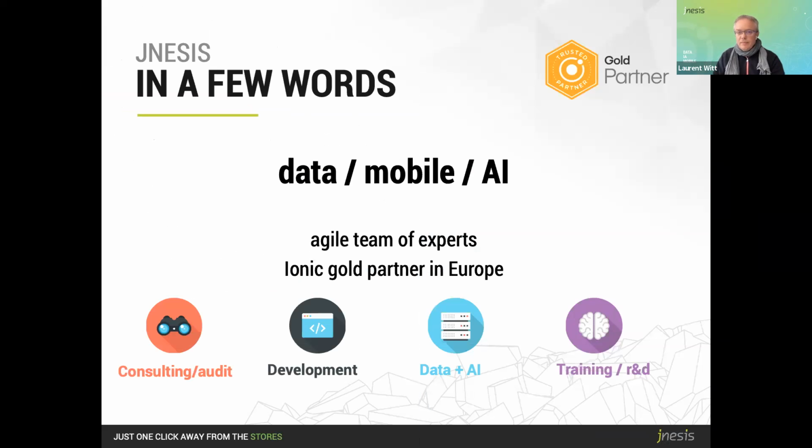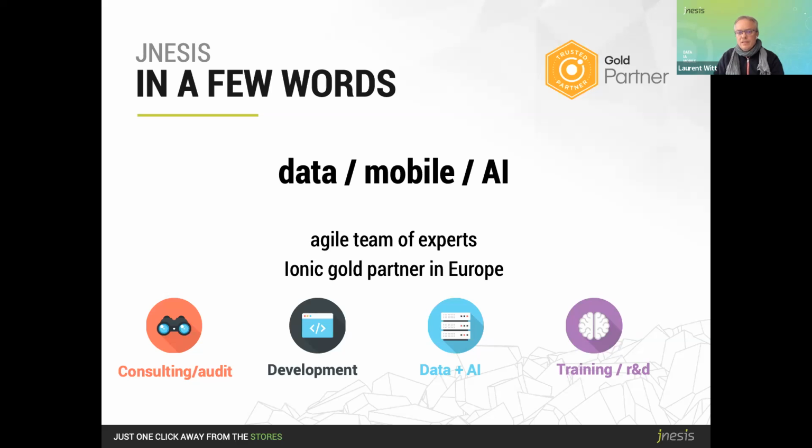To start, let me just have a few words about Genesis, the company I'm working for. We are proud of being the only official Ionic Gold partner here in Europe. We actually offer consulting services, for example, by auditing existing code or defining architectures involving Ionic. But we also deal with off-site development using our team of agile experts.